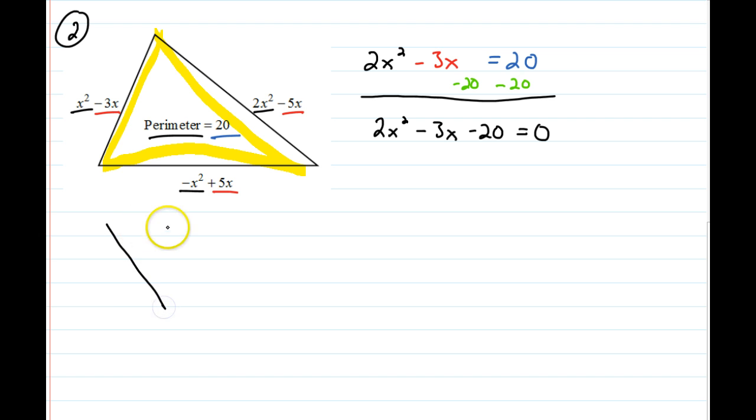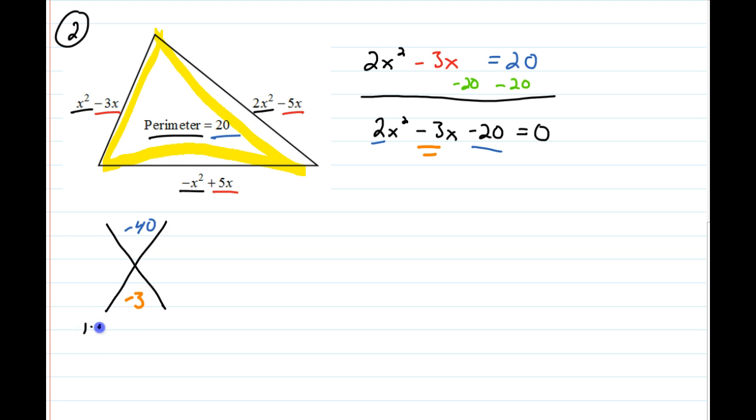So we start with the x. One number goes on top. So 2 times negative 20 is negative 40. One number goes on the bottom. That'd be negative 3. So now we want to find the numbers that multiply to negative 40 but add to negative 3.